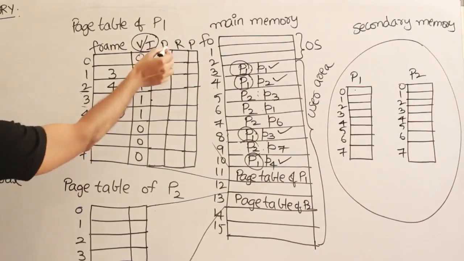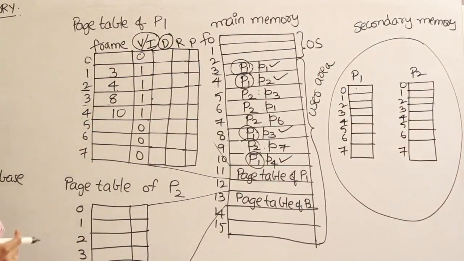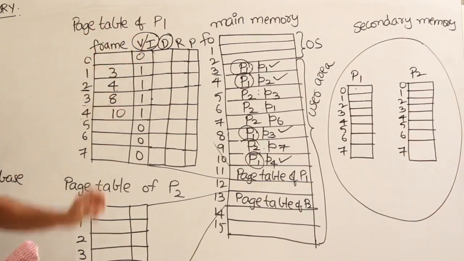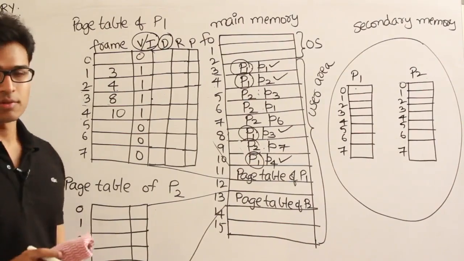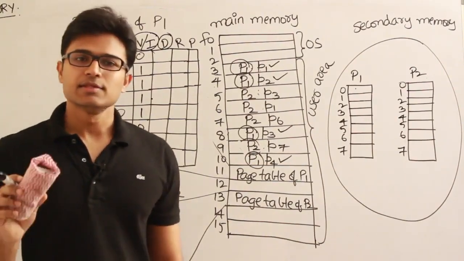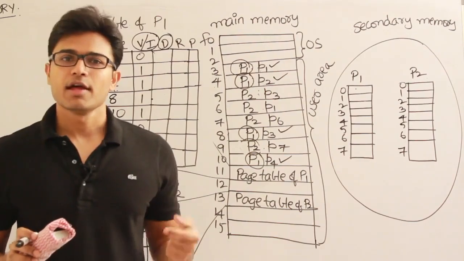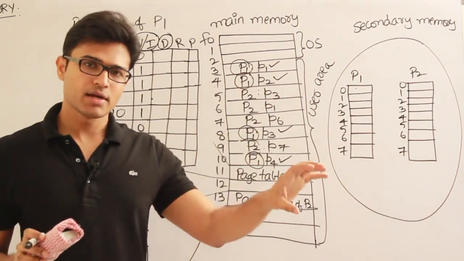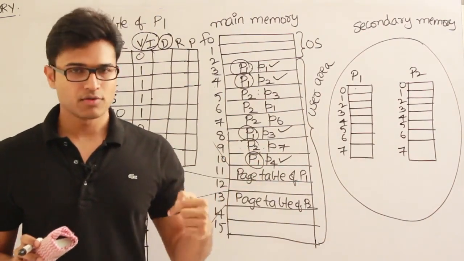And the next one is the dirty bit, this D bit. There are various entries present in the page table other than the frame number, and the next important thing is the D bit. D means dirty bit, or it is also sometimes called the modified bit. This D bit will say whether the page, after getting loaded into the main memory, has been modified or not. Why should we know it?